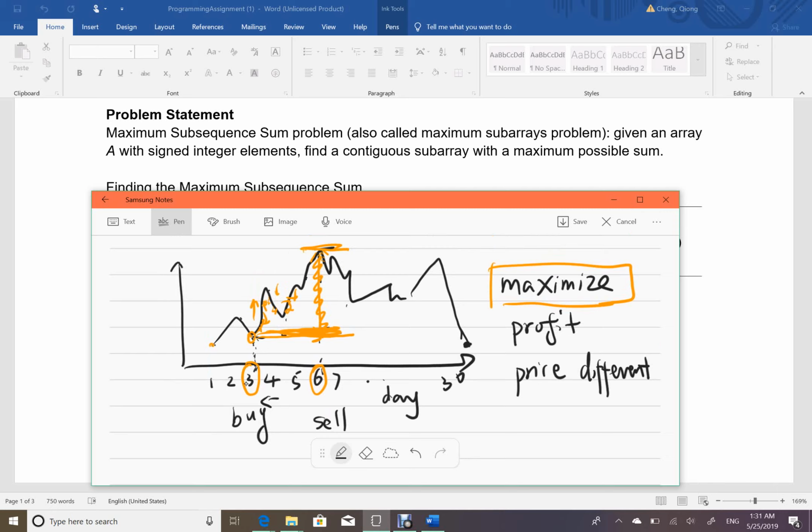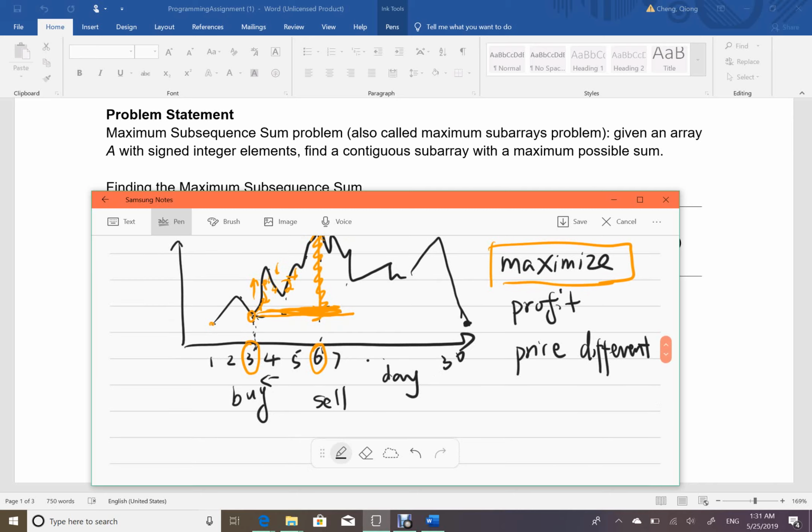Then you may ask, how can we get the price difference for each two days?